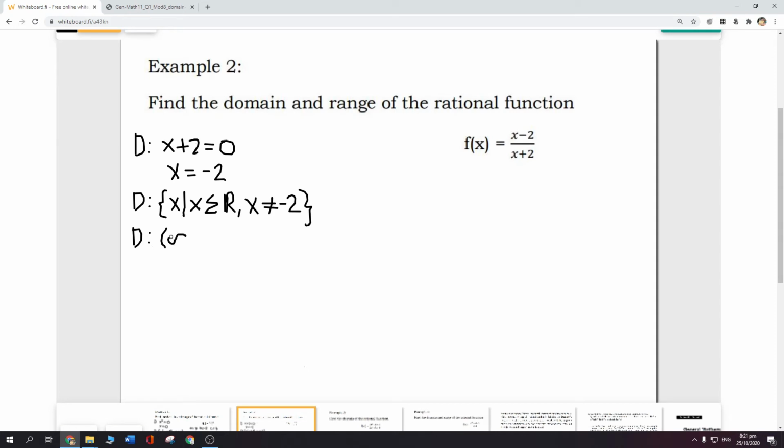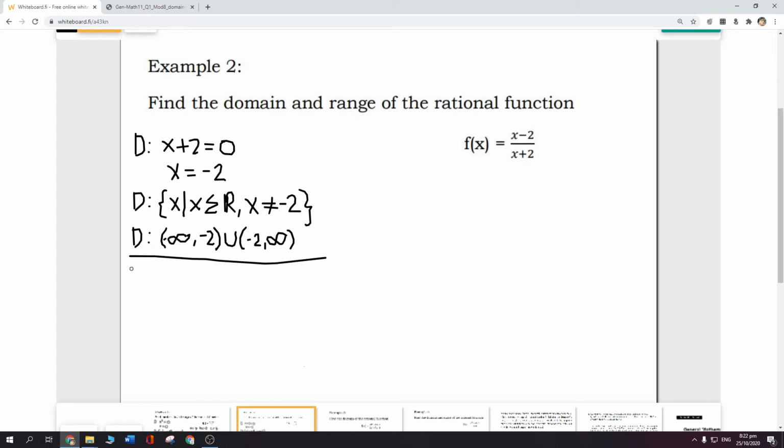Then we have here negative infinity to negative 2, and we have the union from negative 2 to positive infinity. So any of these answers will be correct. This is the set builder notation, and this one is the interval notation.